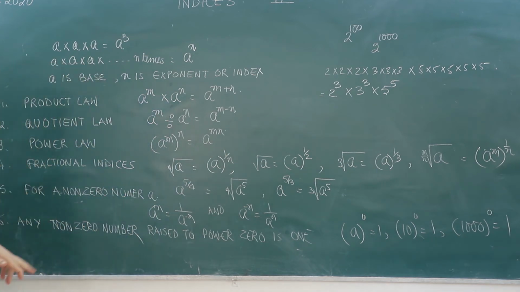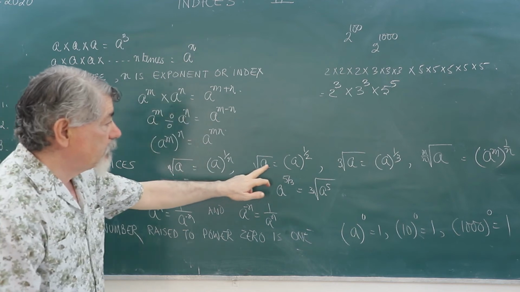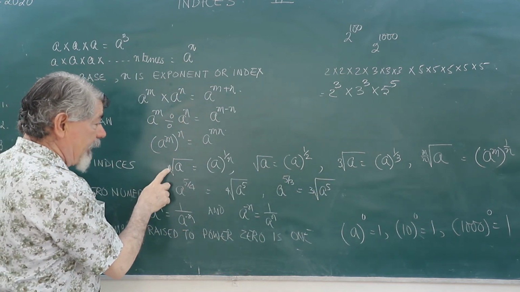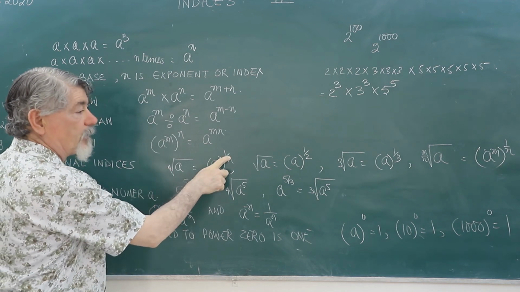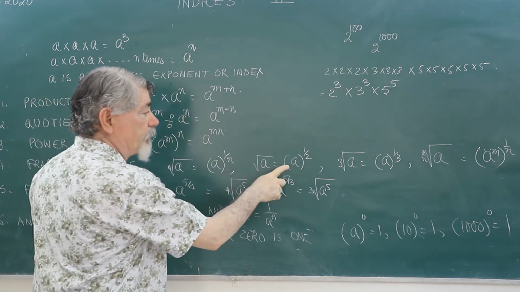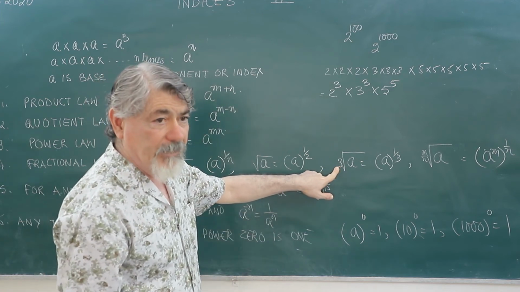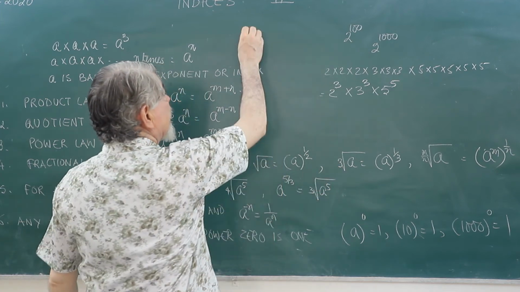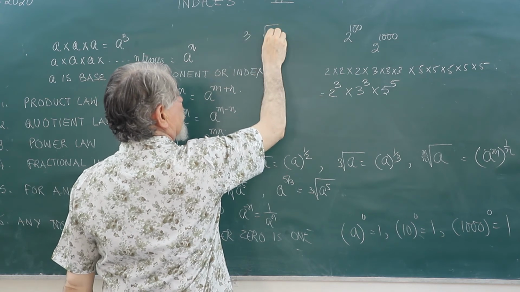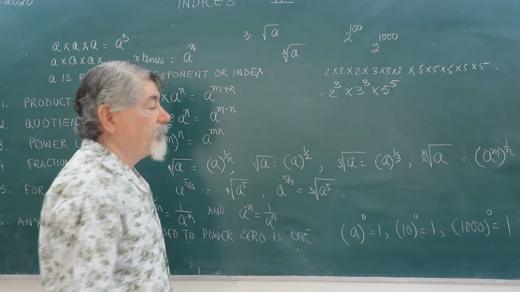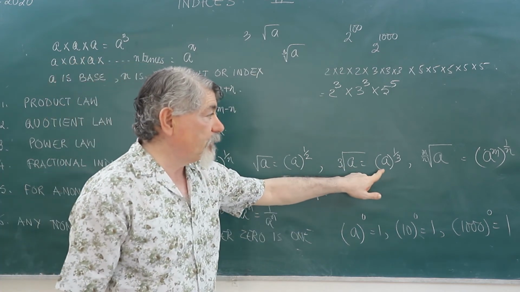Fractional indices, when it is given under the roots. For example, root a with n written here means a to the power 1 upon n. Only under root means a to the power half. If 3 is written before, it is not 3 multiplied by root a, then we write it 3 root a. But when you are writing root a and 3 is written here, that means it is to the power 1 upon 3.